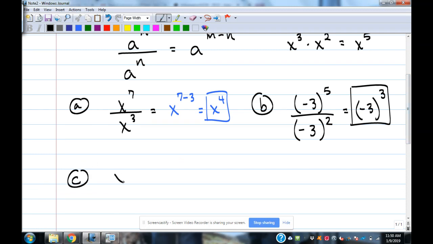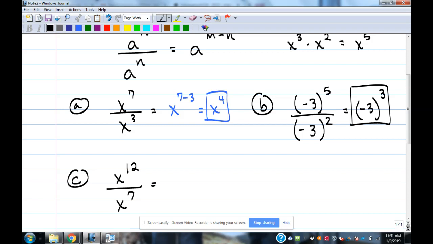Say we had x to the 12th over x to the 7th. Just one more like that, and then we'll get into some other stuff. What do we do with the exponents? 12 minus 7.